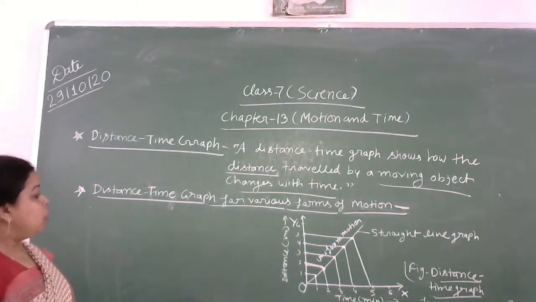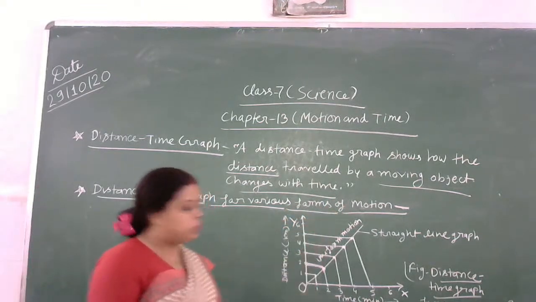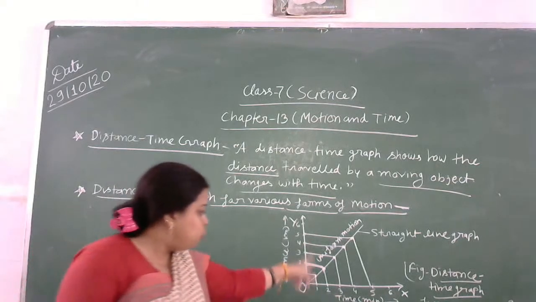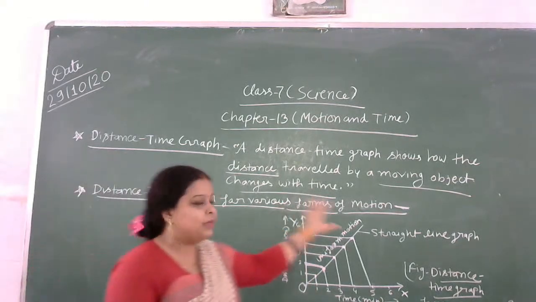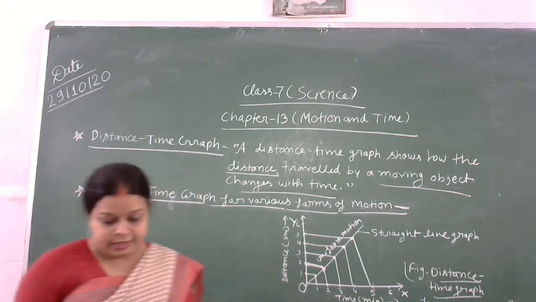Now we understand the distance time graph for various forms of motion. First is uniform motion, and this graph represents uniform motion when the speed is constant.